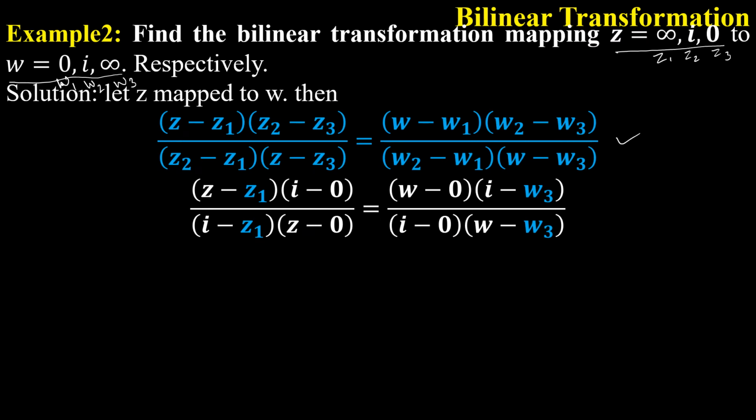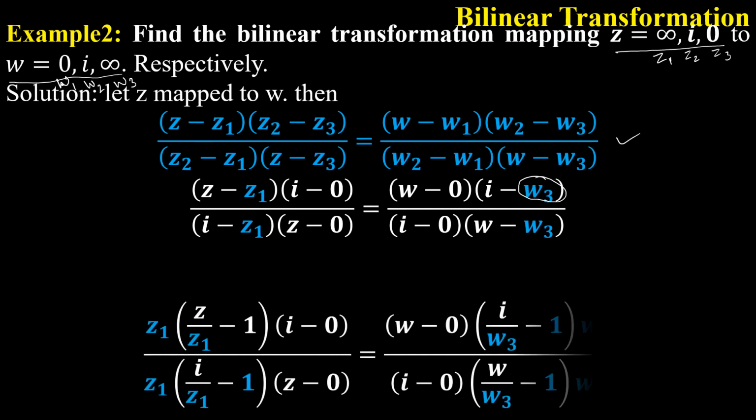Since Z1 is infinity, we have kept it as Z1, and since W3 is infinity, we have kept W3 as it is. Now we take Z1 common and W3 common in the factors. By taking these common, Z1 will be cancelled here and W3 will be cancelled here.